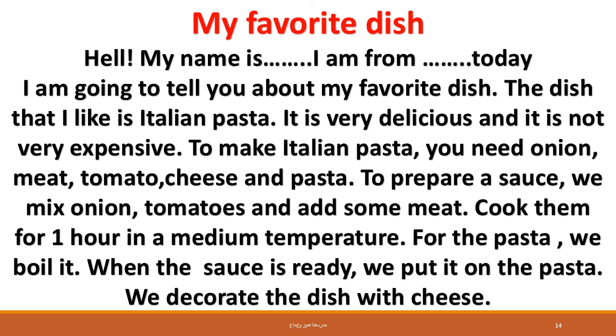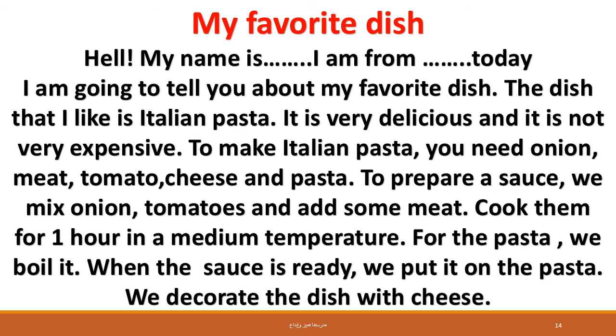Cook them for 1 hour in a medium temperature. For the pasta, we boil it, put it inside water and boil it. When the sauce is ready, we put it on the pasta. We decorate the dish with cheese. This is my favorite dish.